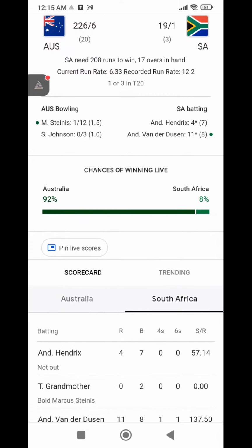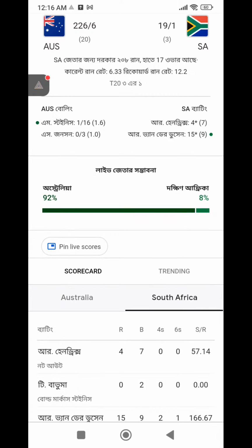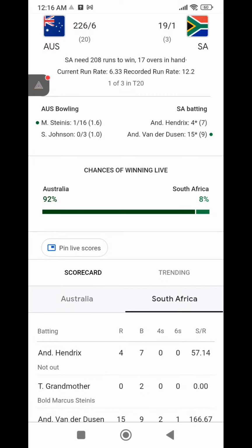Now 3 overs have been completed. 19 runs scored by South Africa for the loss of 1 wicket in reply to Australia's total of 226 for the loss of 6 wickets. So they need 208 runs to win with 17 overs in hand. Current run rate is 6.33 and the required run rate is 12.2.